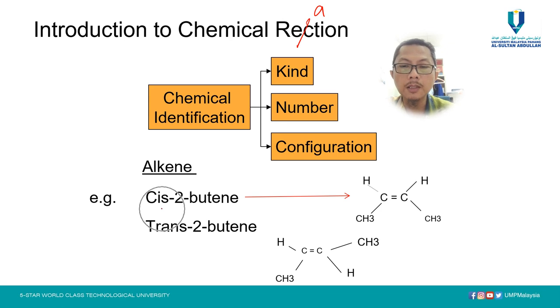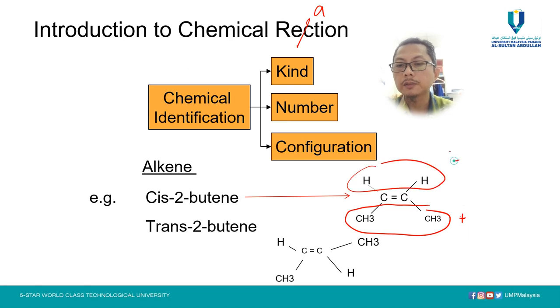As you can see, cis is on the same side. Here will be more positive, here will be more negative. Because of this, it will be more polar compared to this configuration.